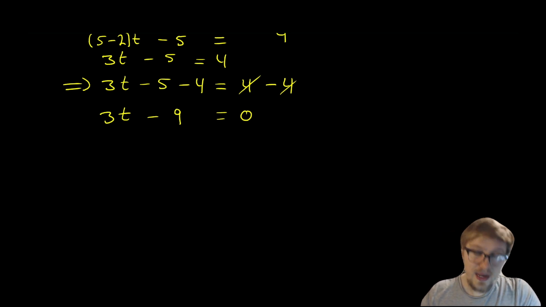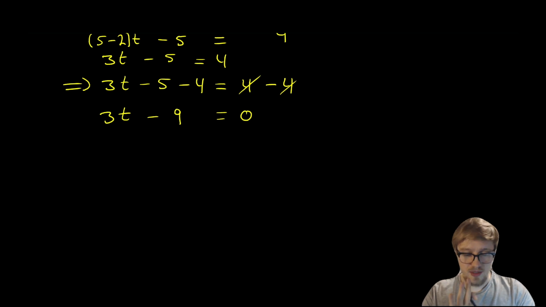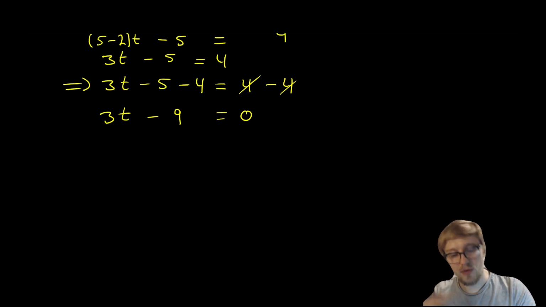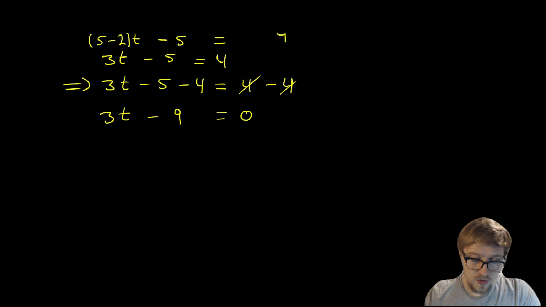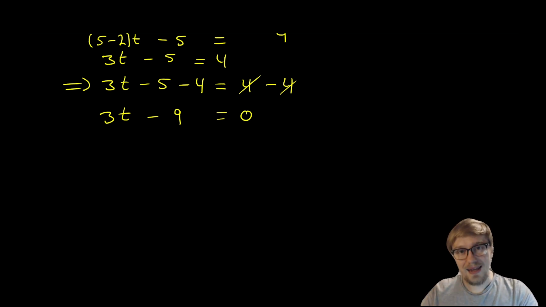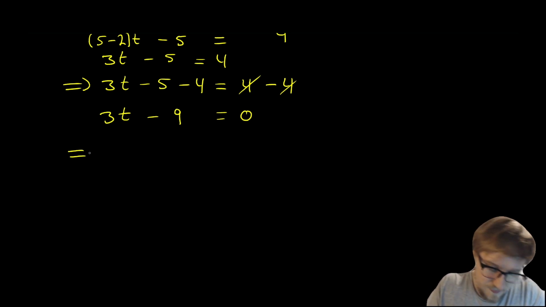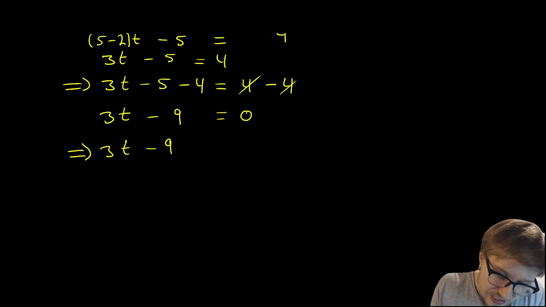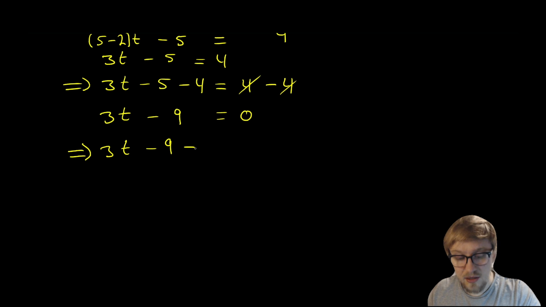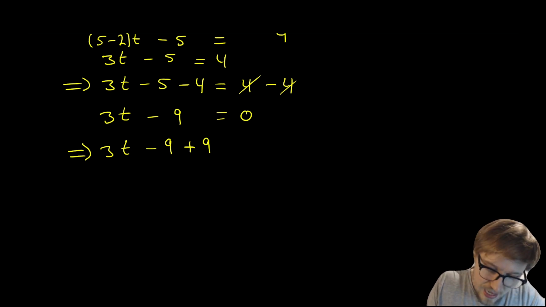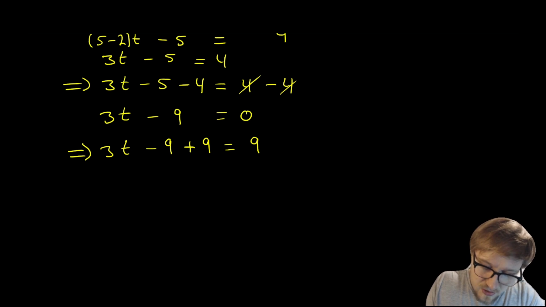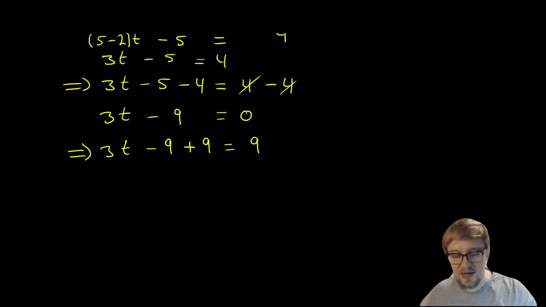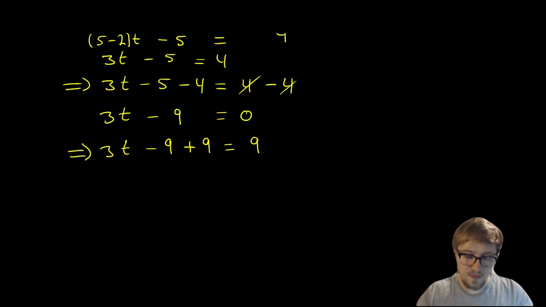Okay, now we want to move the constant term, this minus 9, over to the right-hand side. So the way we do that is by adding 9 to both sides. Okay, so we have 3t minus 9, which is the original on the left-hand side, and then we add 9, and then it's equal to 0 plus 9 on the right-hand side, so it's also adding 9 to the right-hand side.